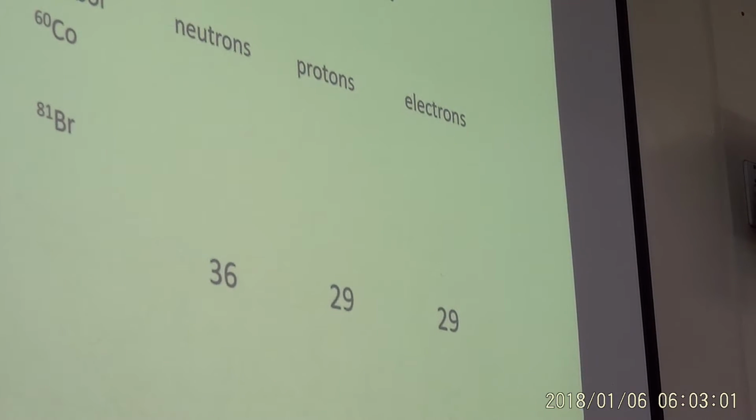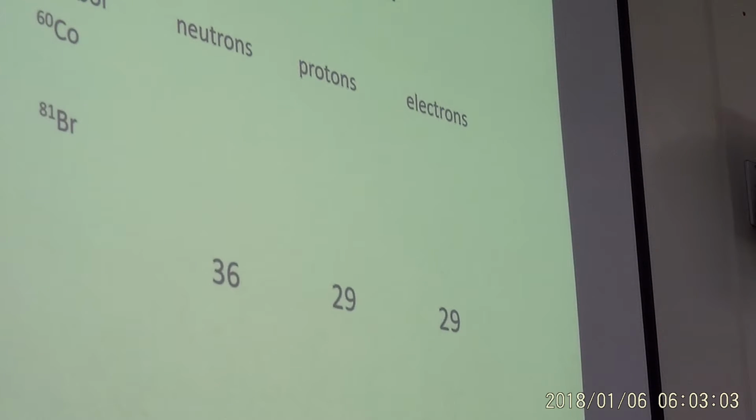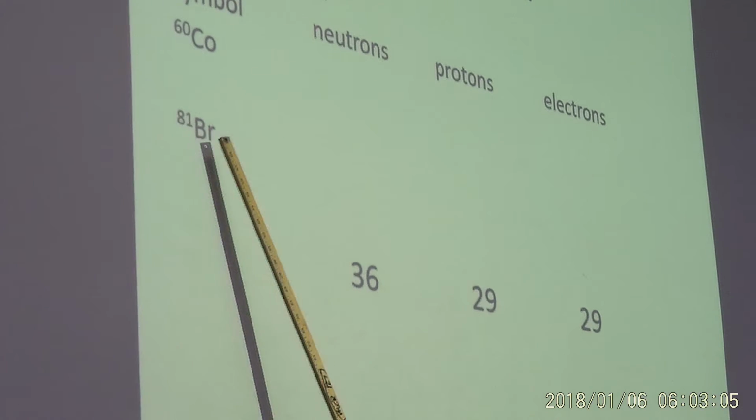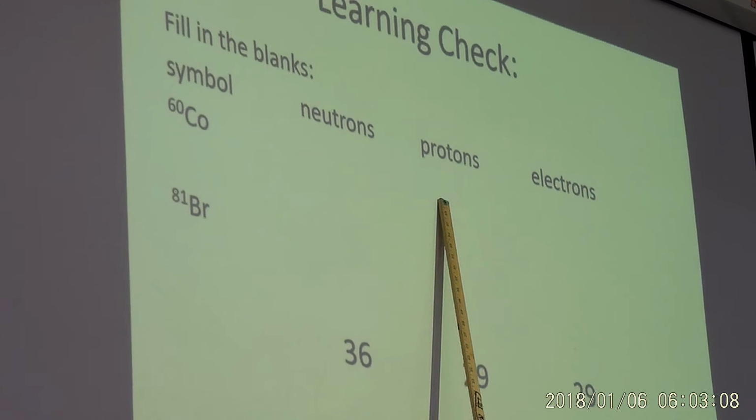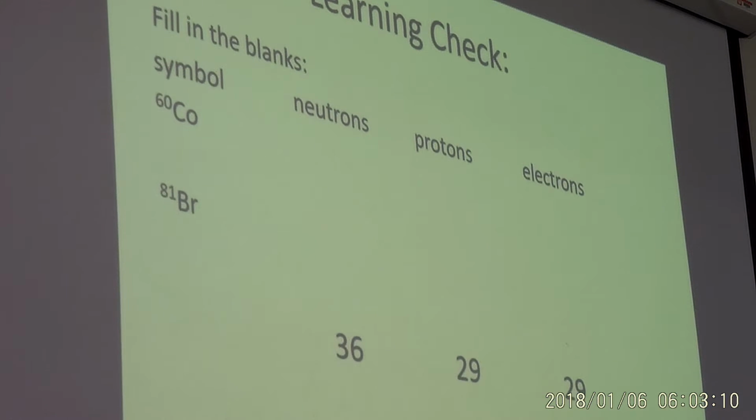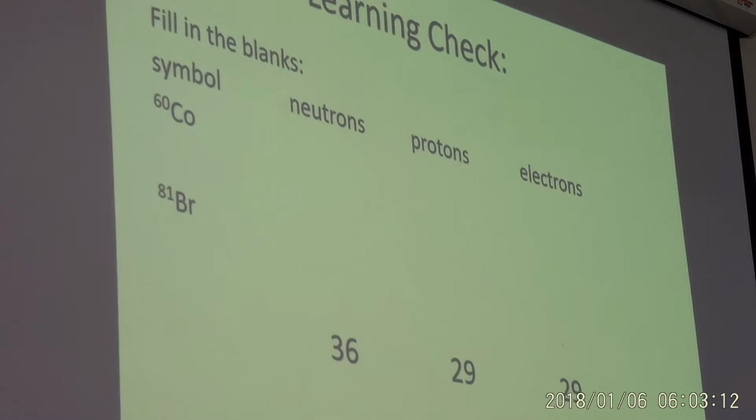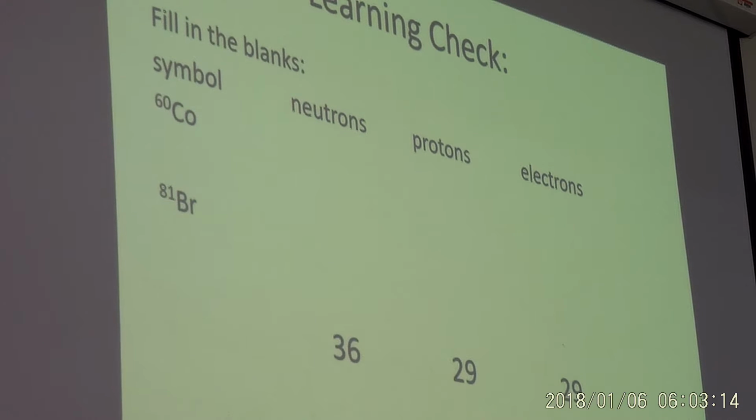All right, so if I said cobalt 60 and bromine 81, can you identify how many neutrons, protons, and electrons are on these species? See if you can fill that chart out with your neighbor.